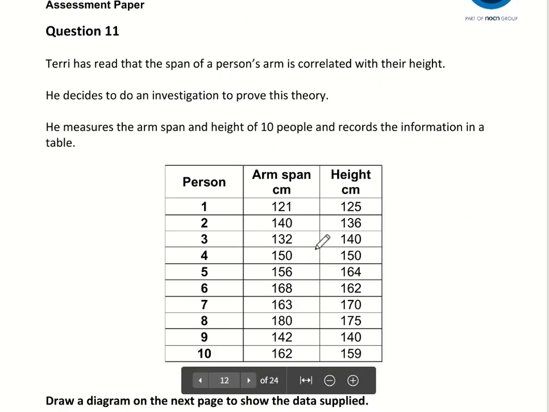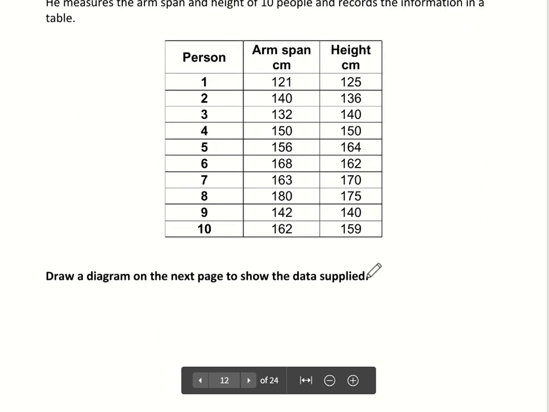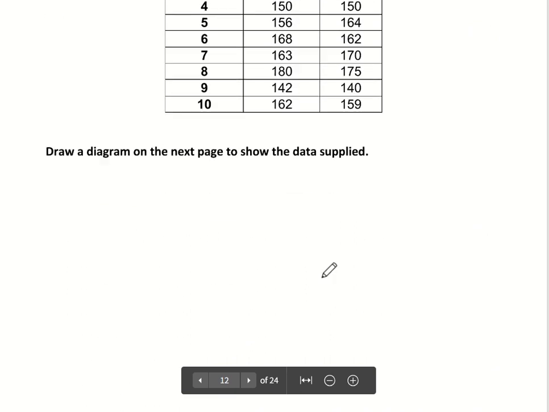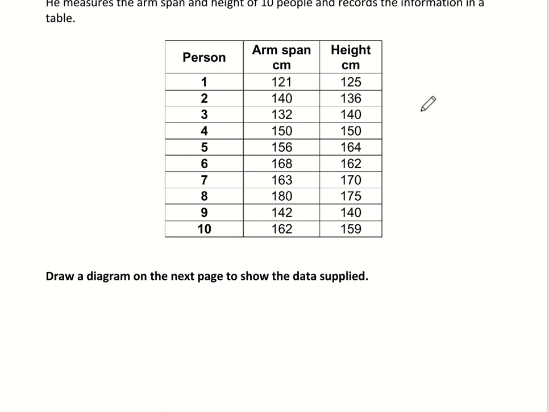Okay, question 11, we need to first of all plot these values on the graph. What I'm going to do is have arm span along the bottom and height up the side. Now let's have a look at our graph paper.